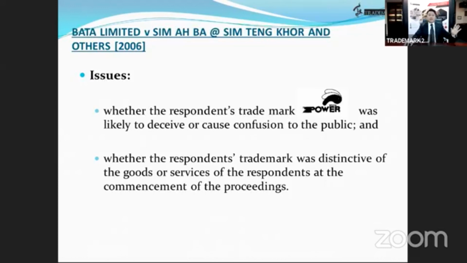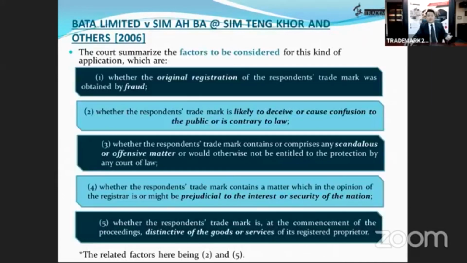Now, these are all Malaysian trademark cases, all landmark cases. We have been using them again and again, like a recycle bin, but they are still good precedents. And whether the respondent's trademark was distinctive in nature. This is the first issue and the most important one, to see whether Sim Aba actually infringes Bata's trademark.